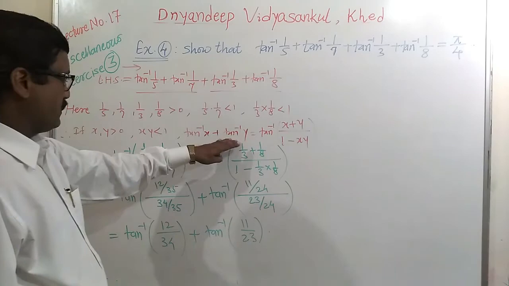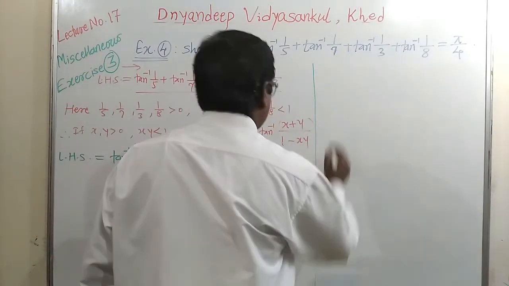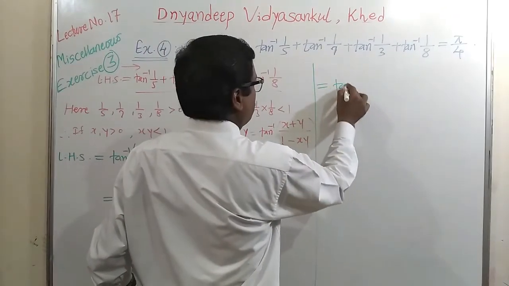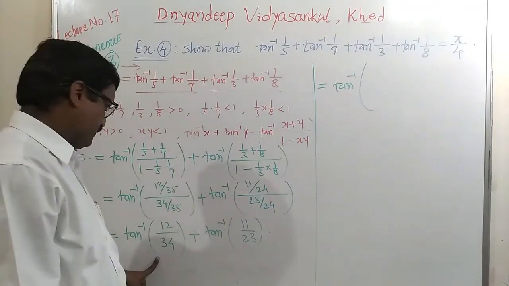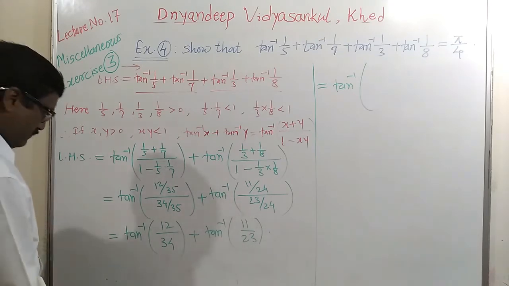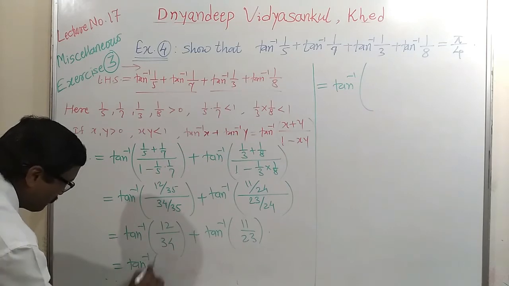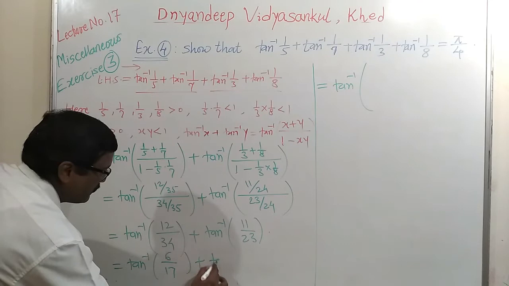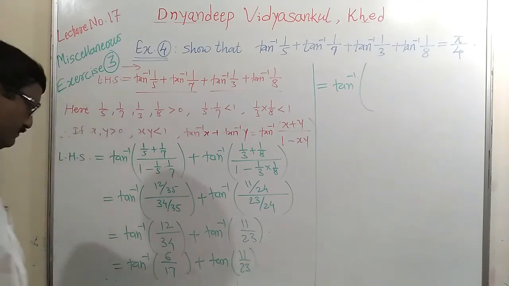Instead of these four tangent inverse functions, we get now the remaining two. Now, once again use the same formula for these two. Apply the formula: tan inverse of 12 by 34, it is nothing but 6 by 17, so we write tan inverse of 6 by 17, and the second one as it is, 11 by 23.